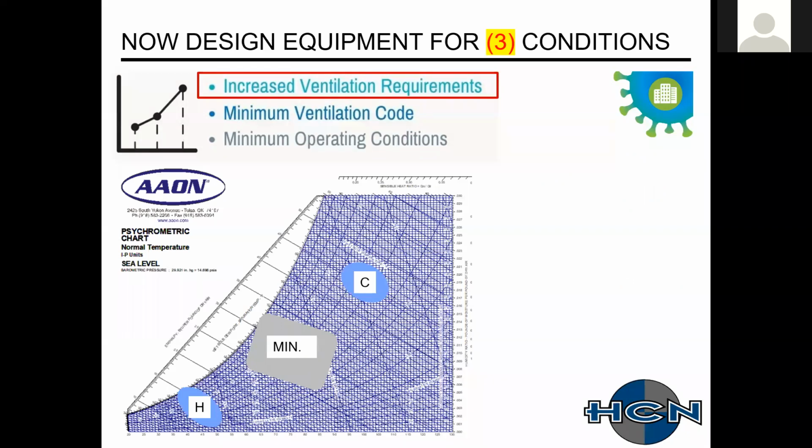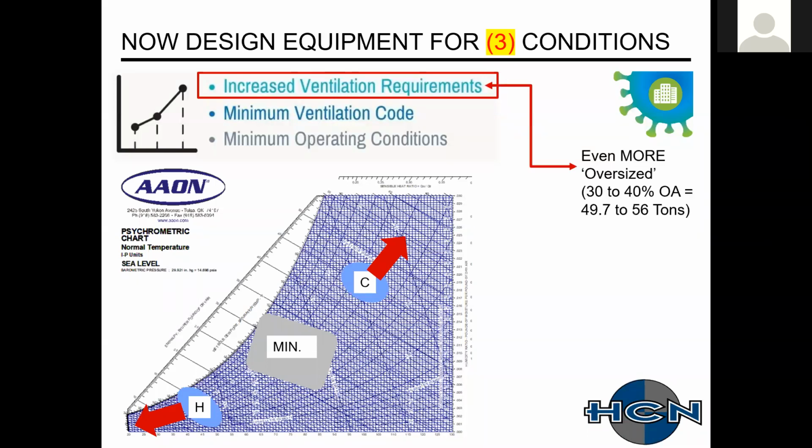So back to our site chart with our minimum ventilation code and minimum operating conditions, what the guidelines has asked is essentially, the analogy is they've increased your outside air design conditions, and what will happen is that your equipment for cooling load will probably become even more oversized. So back to our 30 to 40% outside air, where we've increased our tonnage from approximately 50 to 56.